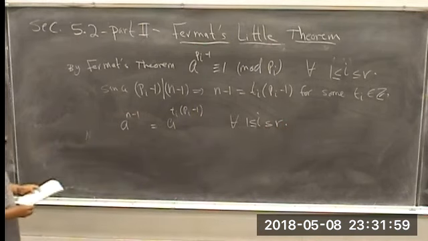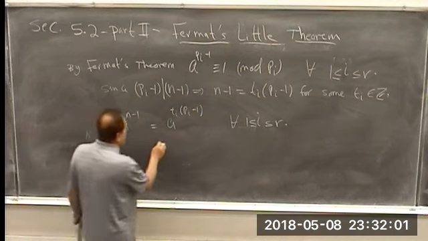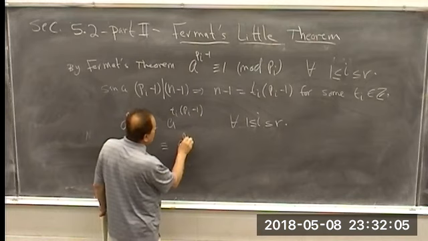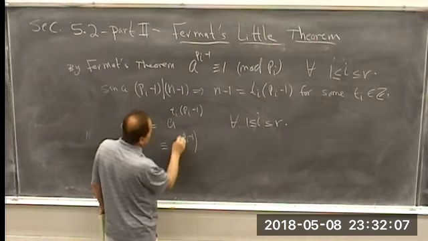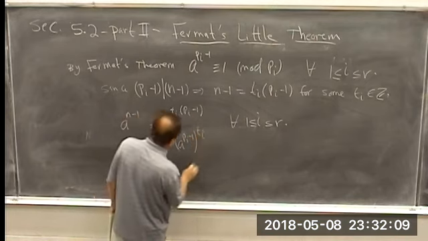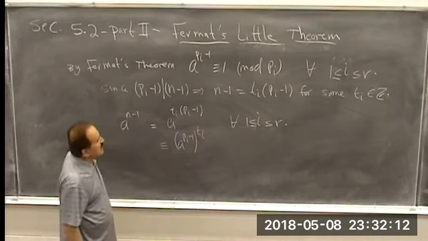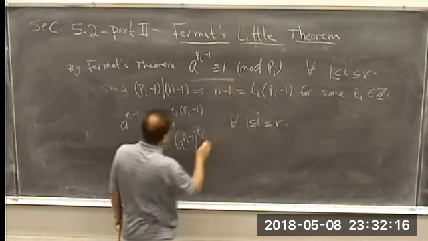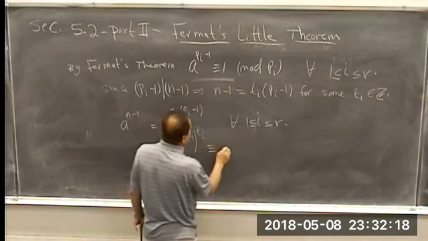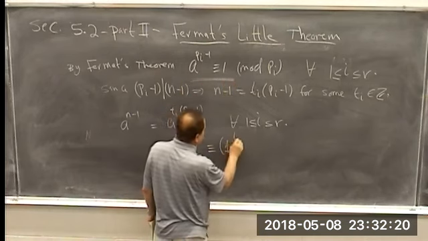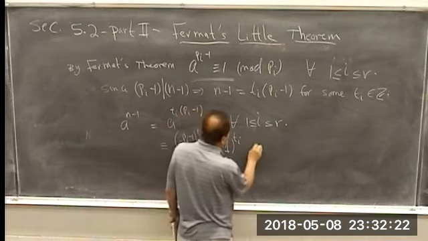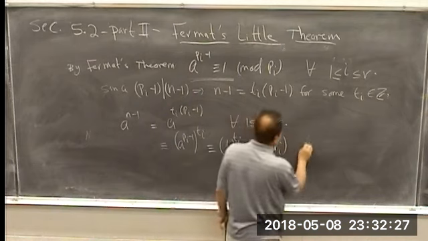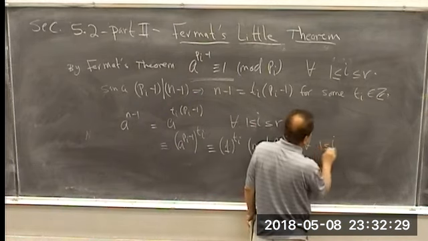But remember that A to the Pi minus 1 is congruent to 1. We could write this to the Ti, and now all of these are congruent to 1. So this one is congruent to 1 mod Pi for every i between 1 and R.